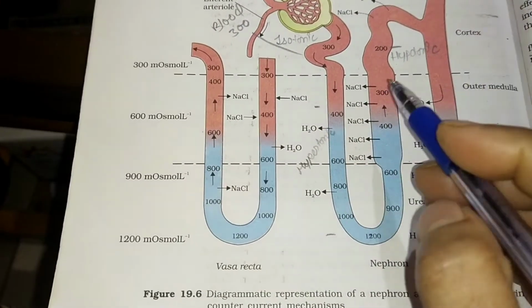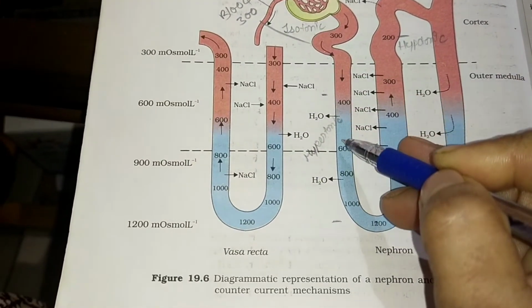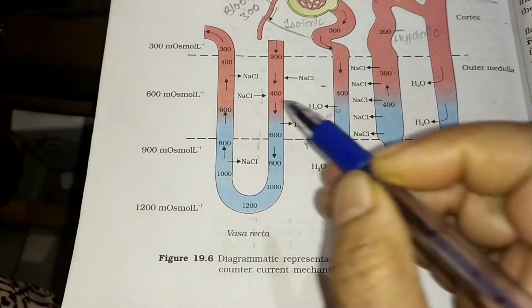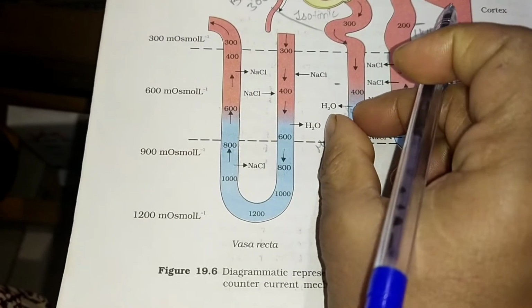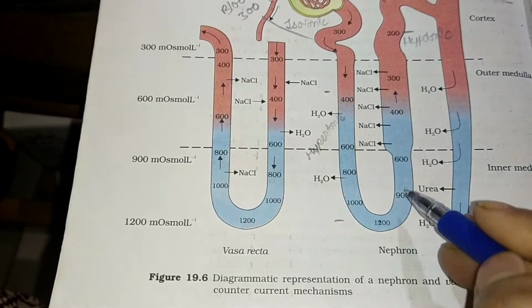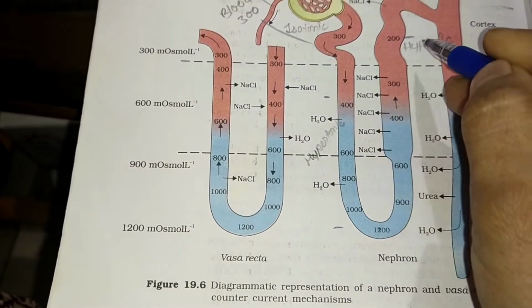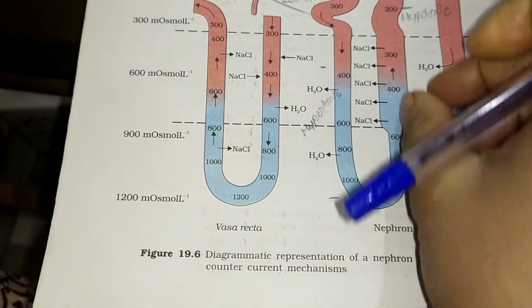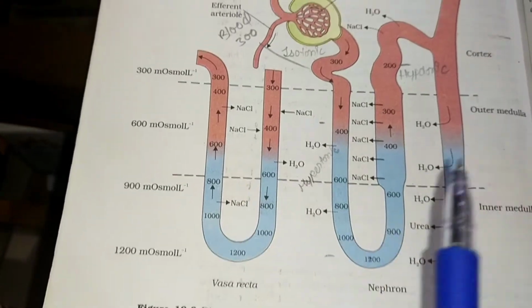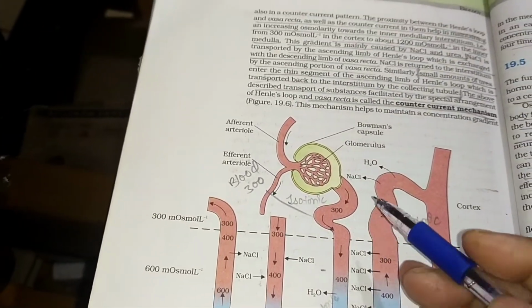That means the descending limb of Henle's loop and the ascending limb of vasa recta are side by side. Again, the ascending limb of Henle's loop and the descending limb of vasa recta are side by side. Now what is happening?